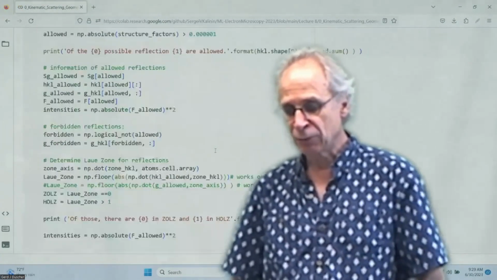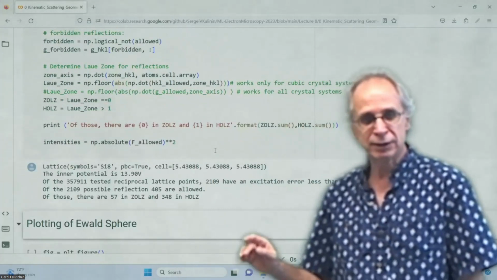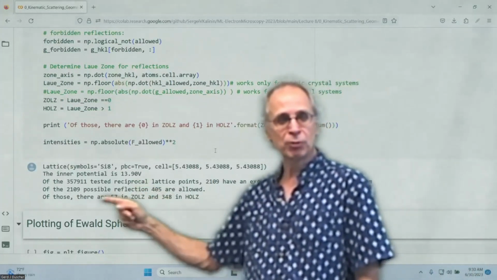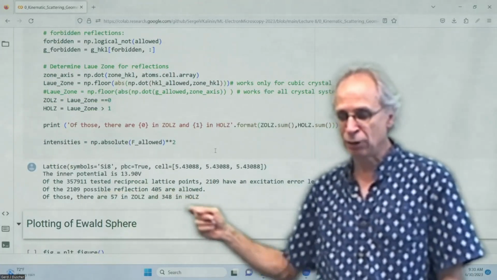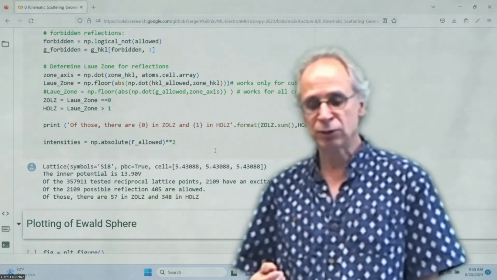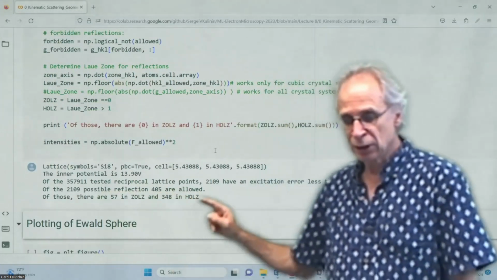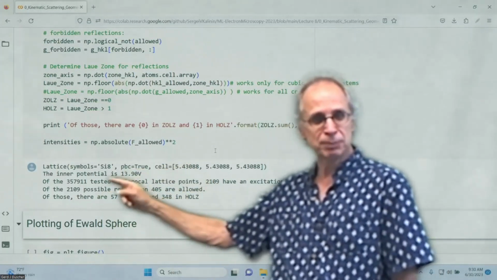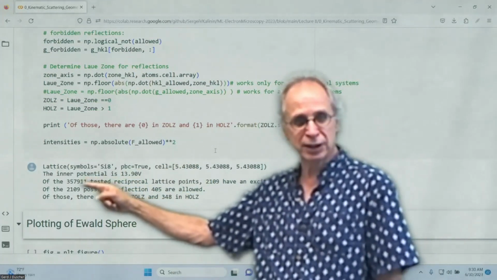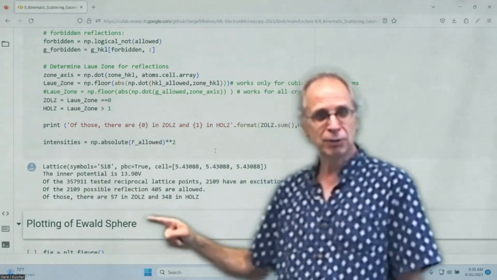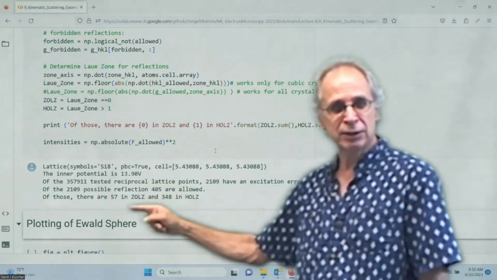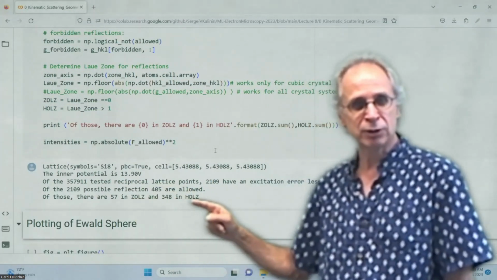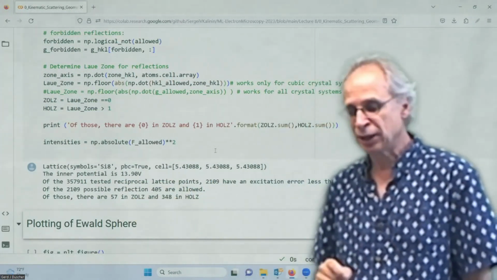And then what we do is we calculate the possible reflections, and from them, how many of them are allowed. So we have about 400 allowed of this 400,000, about 400,000 that we checked. We have about 400 that are allowed, 57 in the zeroth-order Laue zone, and about 350 in the higher order Laue zone.